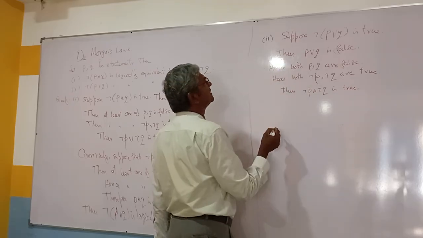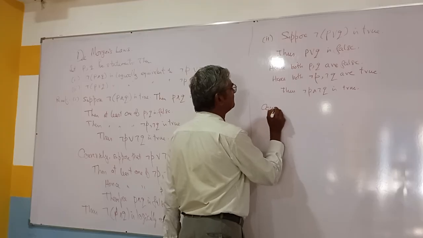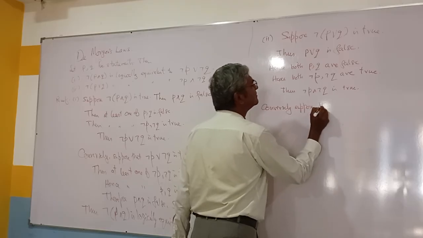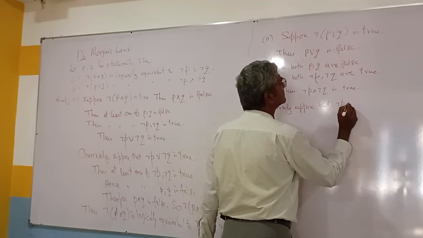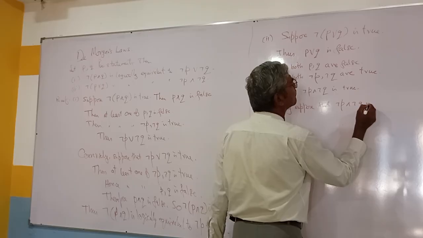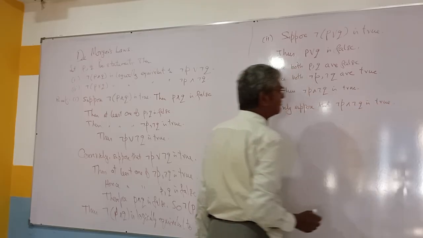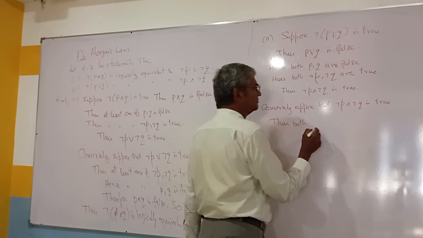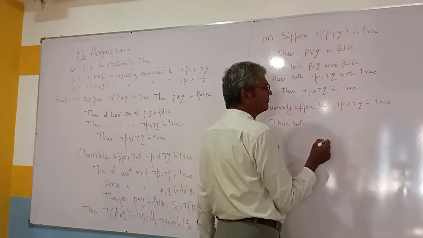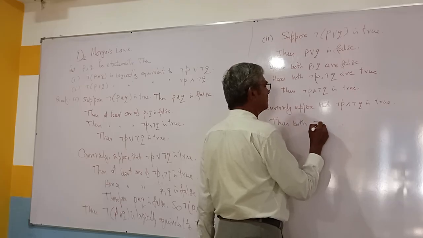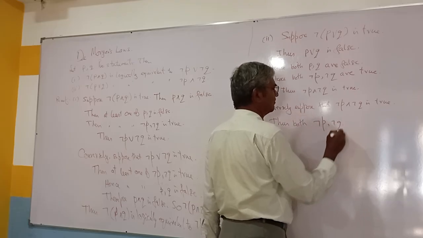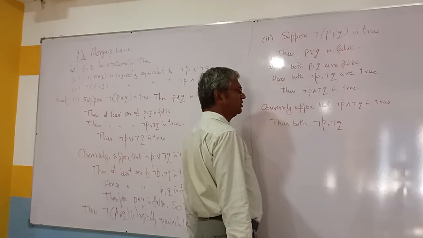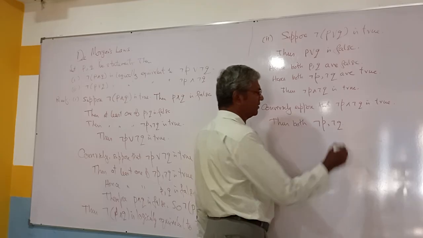Now, conversely, suppose that not P and not Q is true. Thus, both not P and not Q are true.